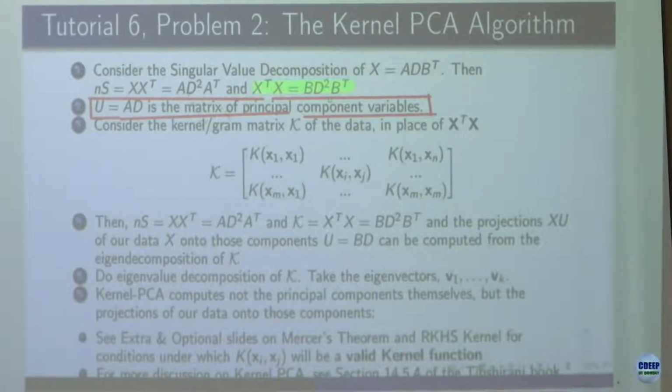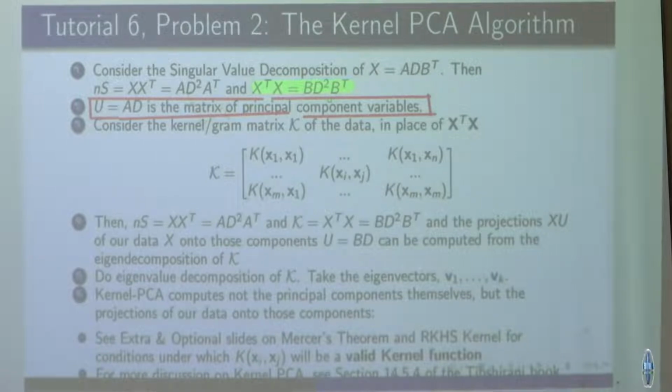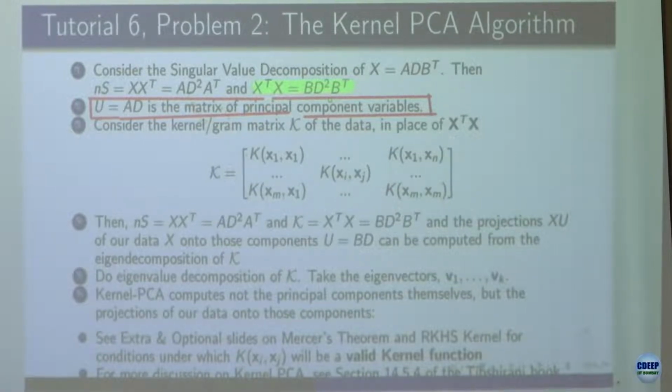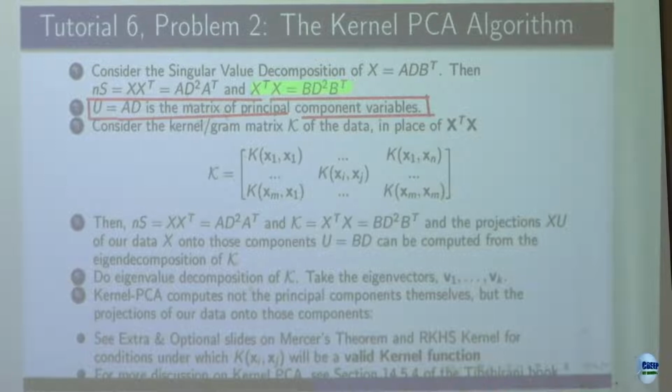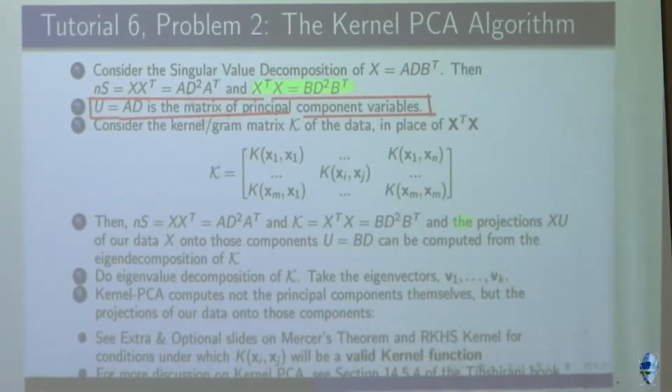So you will not be able to recover the AD of the principal components of the covariance matrix from the kernel. But what you can look at is the projections XU of our data into those components. That can be computed from the Eigen decomposition of the kernel matrix.